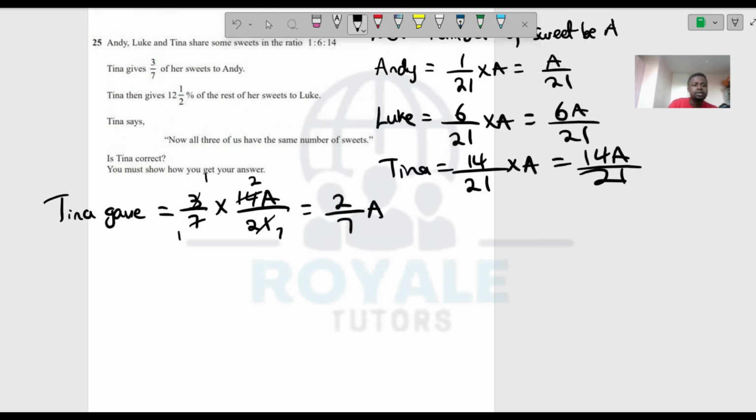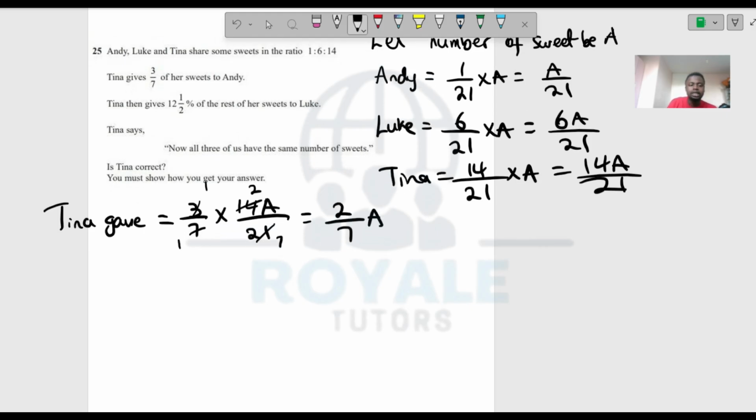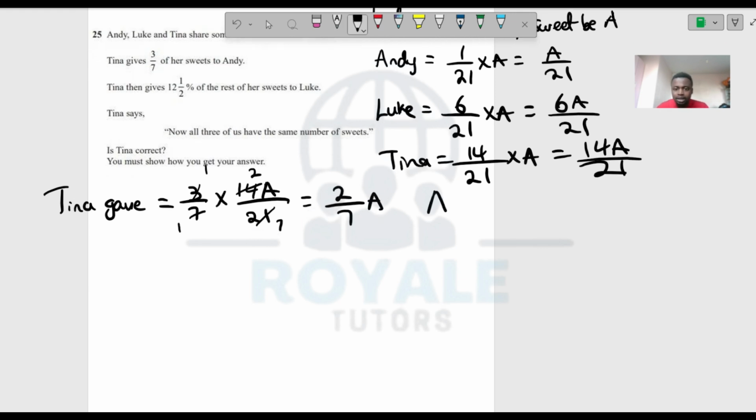Tina then gives 12.5% of the rest, the rest now, talking of 2 over 7, to Luke. So when Tina gave 3 over 7 of her sweets to Andy, she gave 2 over 7A. That means Andy has A over 21 plus the one given by Tina.